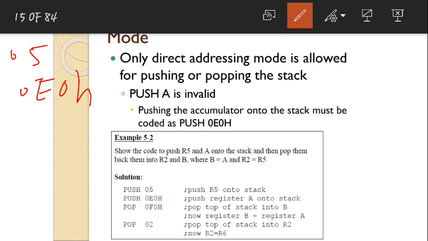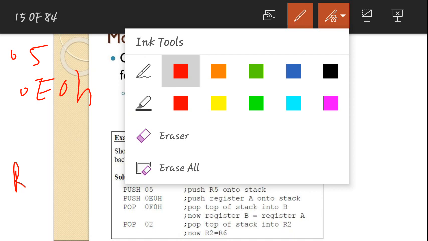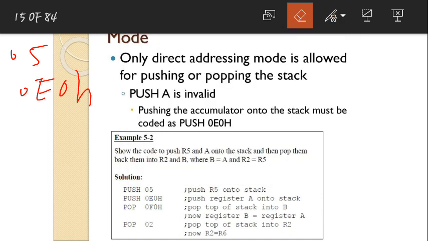Next I should pop them to R2 and B. R2 means 02H, I should retrieve into this, because he is asking us to pop them back into R2 and B. B means I'll write 0F0H.